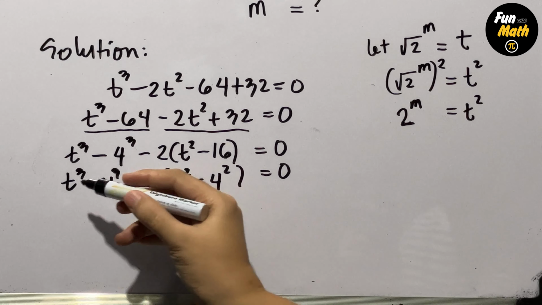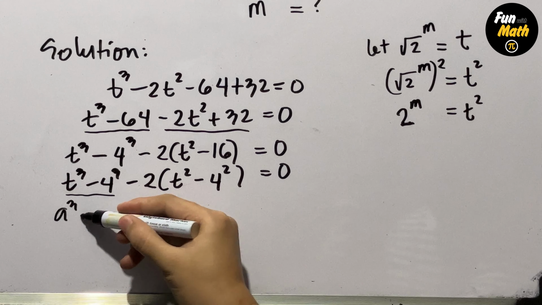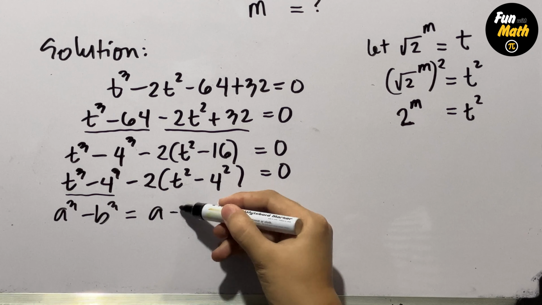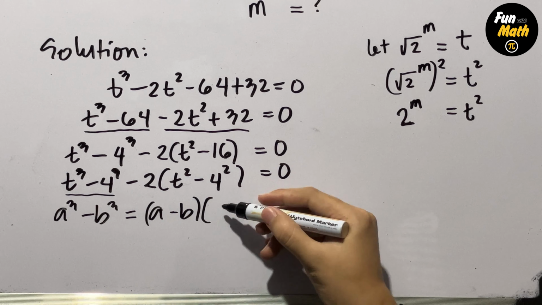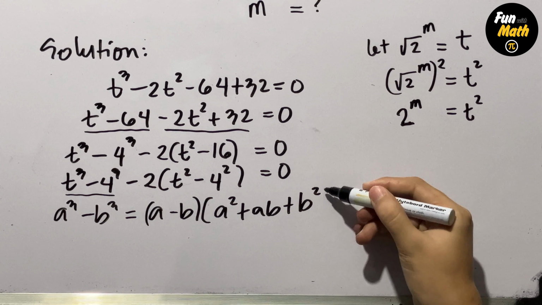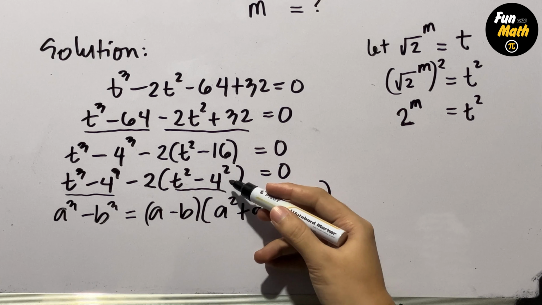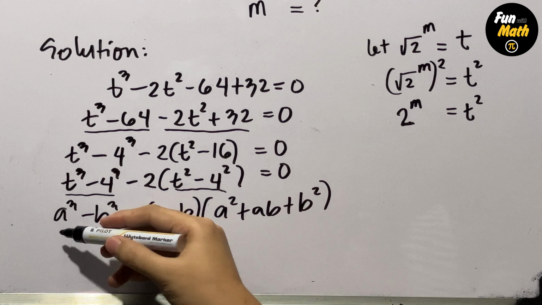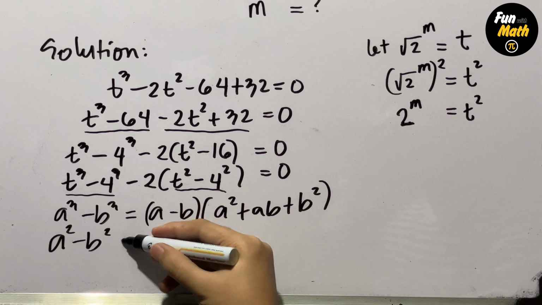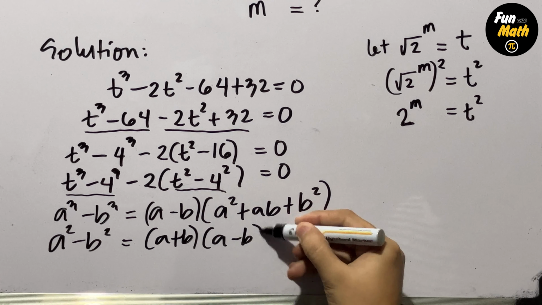Now, if you observe, this pair is an identity, a cubed minus b cubed, which is equal to a minus b times a squared plus ab plus b squared. The other one is t squared minus 4 squared. This is also an identity. We have a squared minus b squared, which is also equal to a plus b times a minus b.